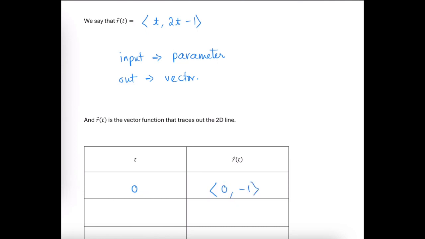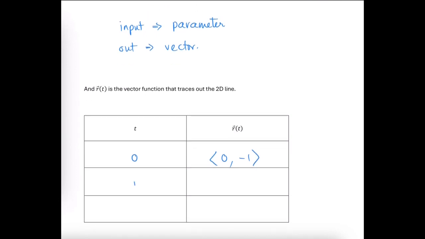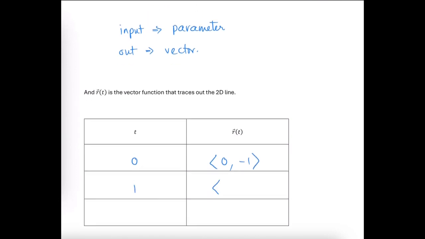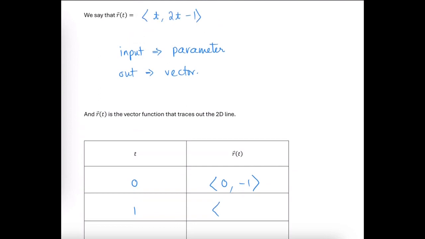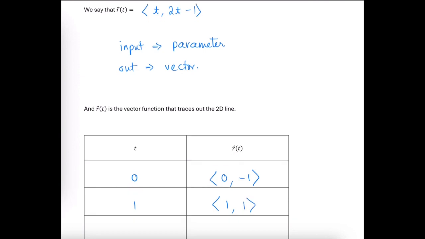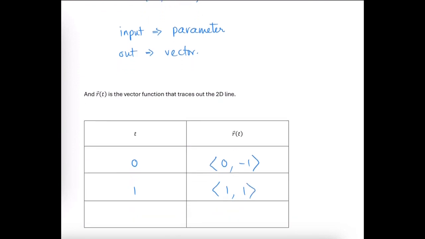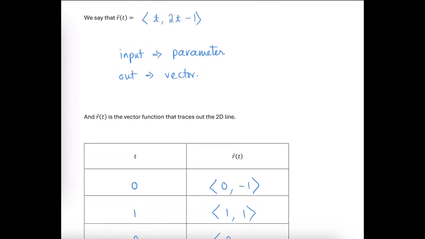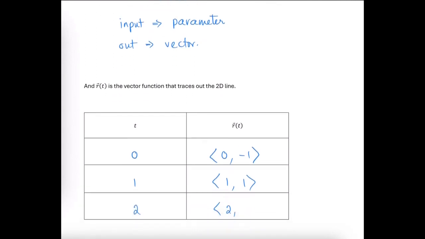Notice this looks just like the ordered pair that we had a moment ago, except for now we're using it as a vector. And then when we plug in t is equal to 1, we're going to get the x component as 1, and the y component is also going to be 1. Now, pointy brackets indicating this is a vector, not an ordered pair. And when t is equal to 2, our x component is 2 and our y component is 3.